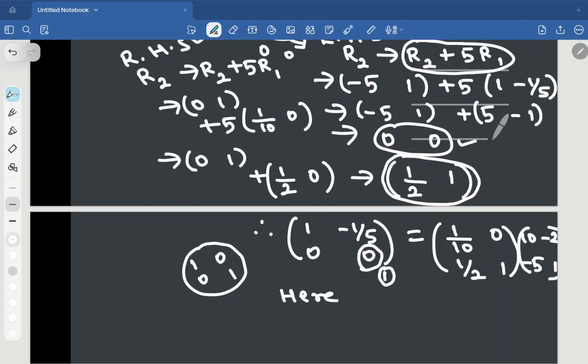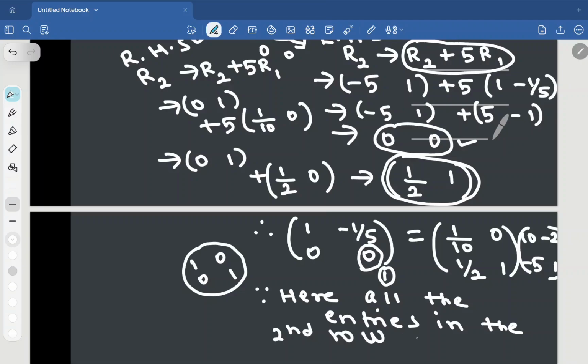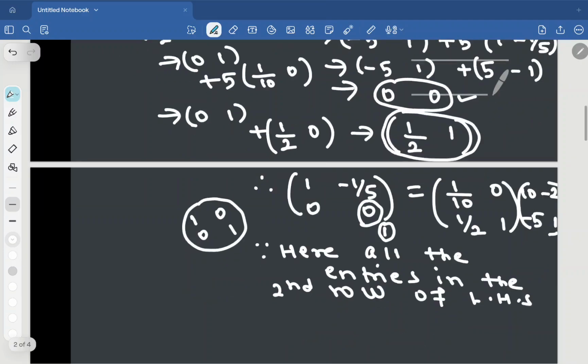Here all the entries in the second row of LHS of the matrix are 0 0.